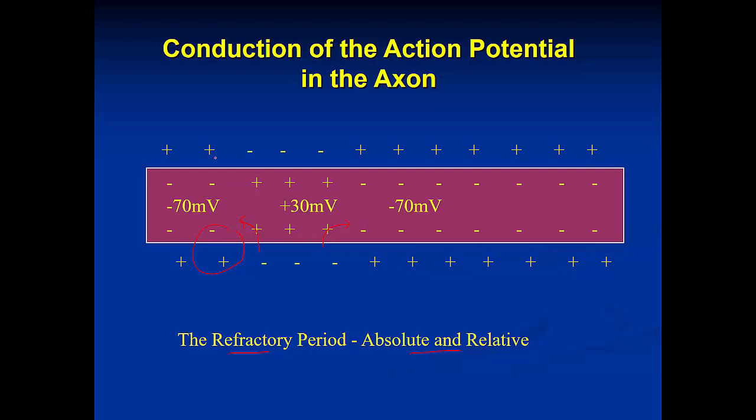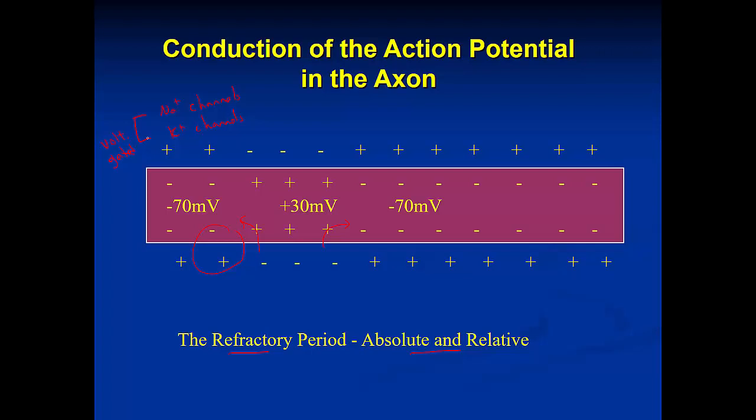A couple very important things. In order to get this action potential, what do we need? We need the right channels. We need sodium channels and we need potassium channels. Here, both of these, I'm talking about voltage gated. How come there isn't an action potential on the cell body?